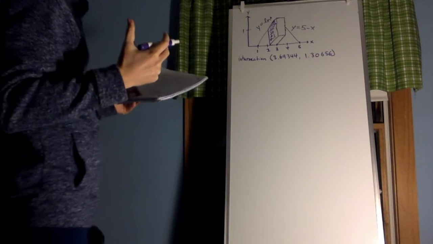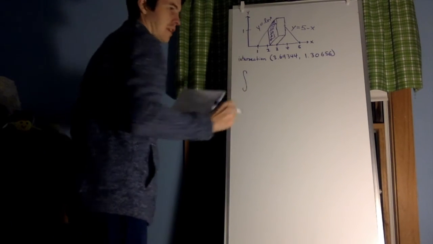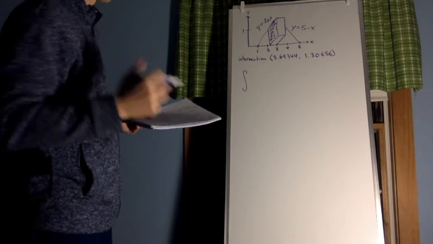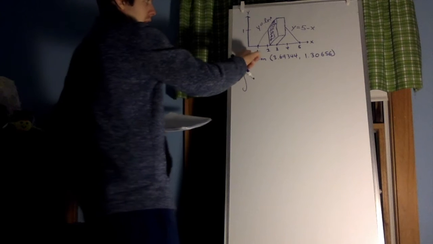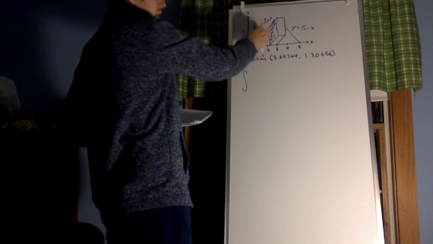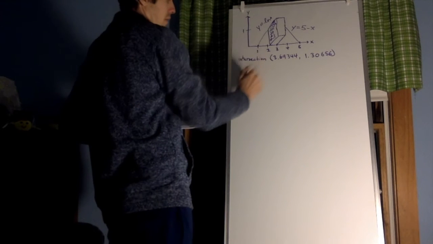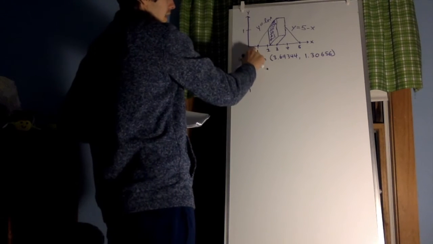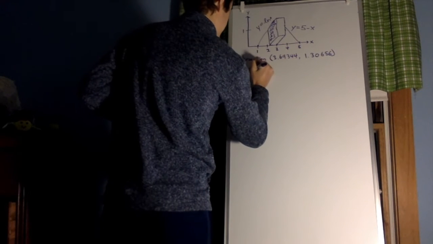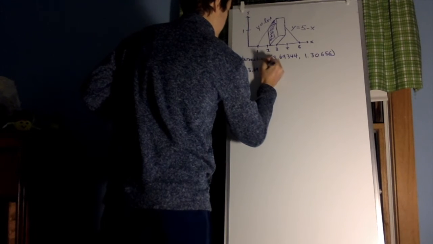So we know we're going to have to do an integral, and the good thing about this is our integrals are going to have the same bounds as they did in part A. Right, because we're still finding area here. I'm going to do my lower bound of 1 and upper bound of still 3.69344.